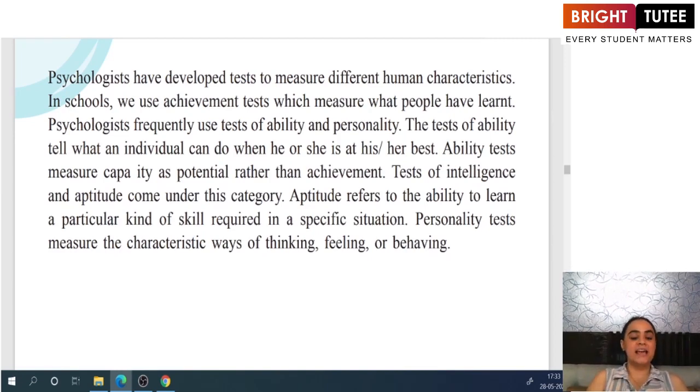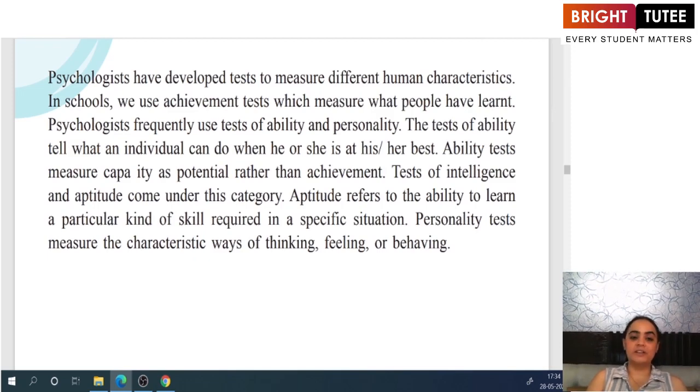Such tests tell what an individual can do when he or she is at best. So these tests measure your potential, not your achievement. How successful you are or are going to be in life is not going to be determined by these tests. What is going to be determined is how potential you are, how capable, how efficient you are.